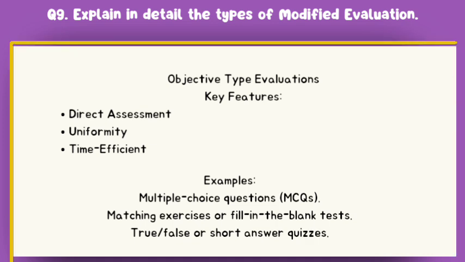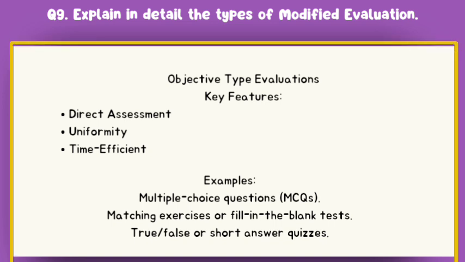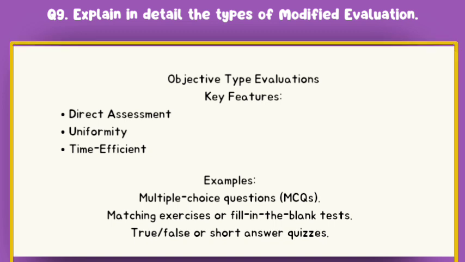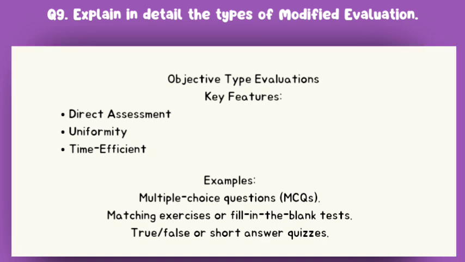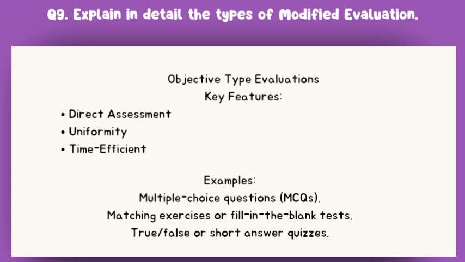Objective evaluations are efficient for measuring factual knowledge and can be easily scored, providing quick feedback on students' performance. That means these types of modified evaluation, the oral, the descriptive, and the objective, offer diverse approaches to assessing student learning, catering to different strengths and preferences and promoting a more inclusive educational environment.